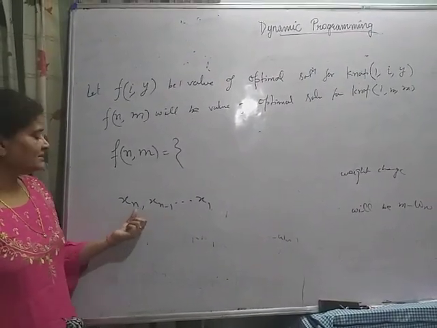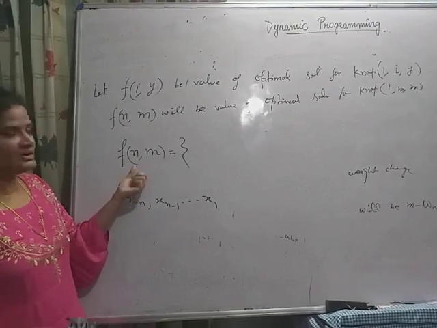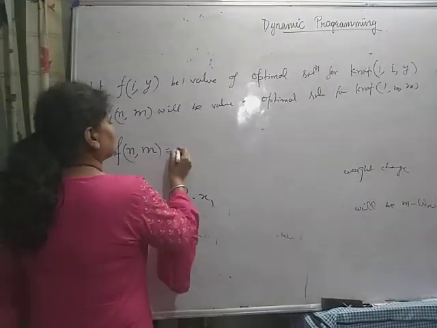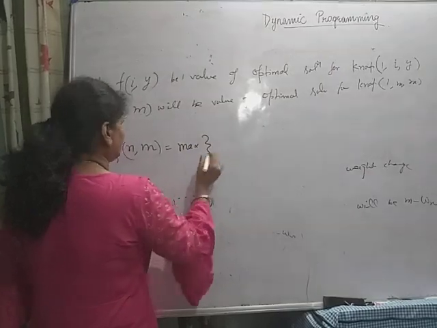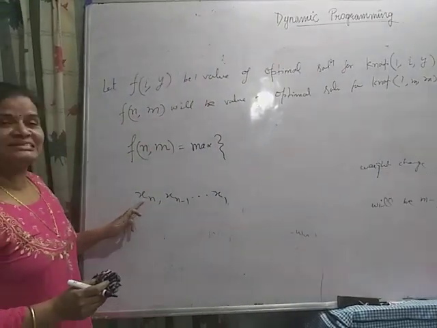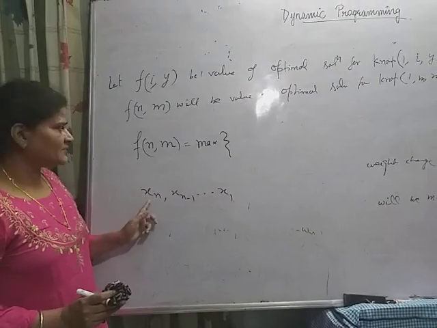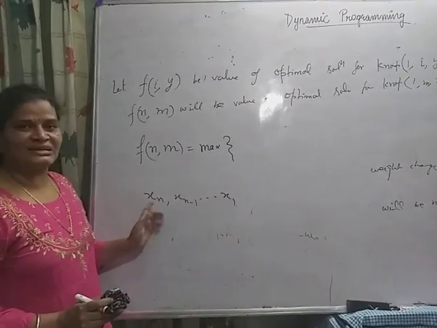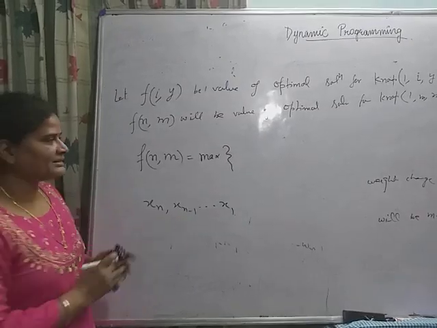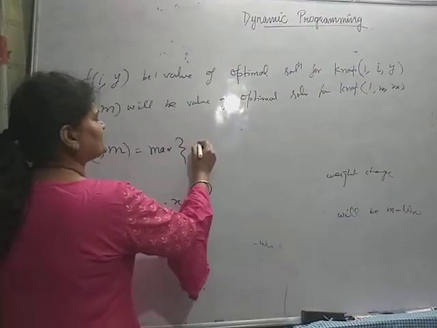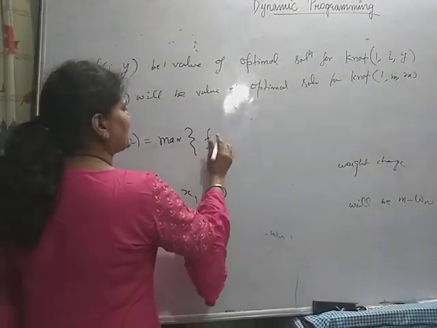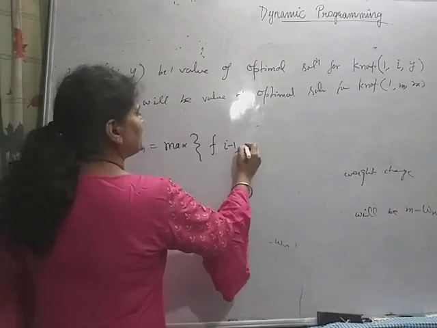So this is actually the maximum of whether xn is excluded or xn is included. If the nth object is excluded, then the value of the optimal solution is the previously computed F(n minus 1, m).